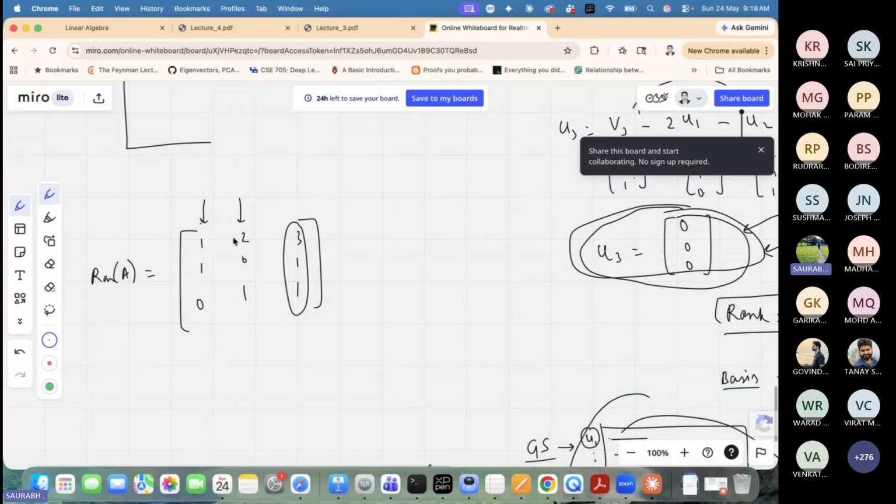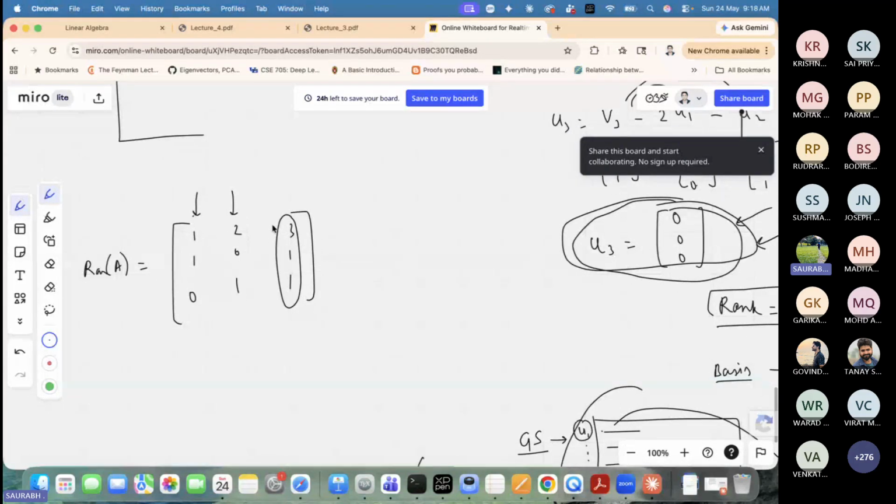And that's when, even though we reach U3 as 0 0 0, we know that U3 has a dependency on U2 and U1. You already knew that. And what Gram-Schmidt does is it tries to find out how much overlap this vector has in the direction of this vector and in the direction of this vector.